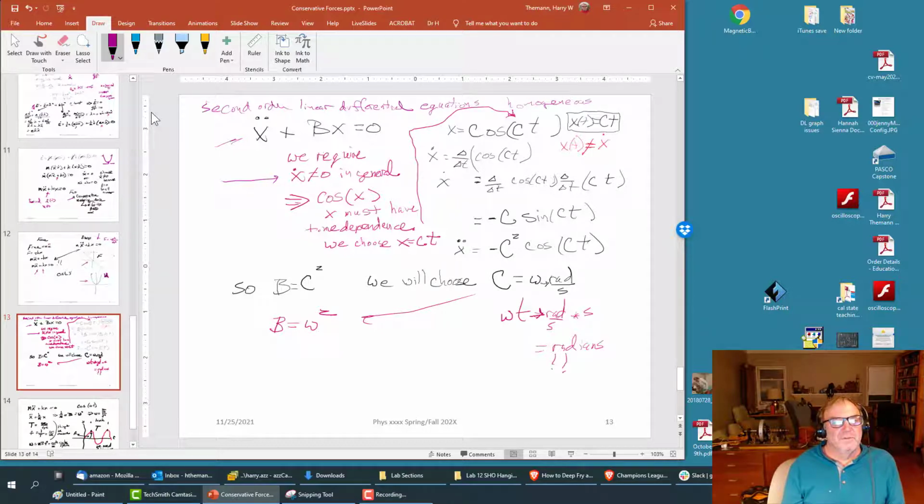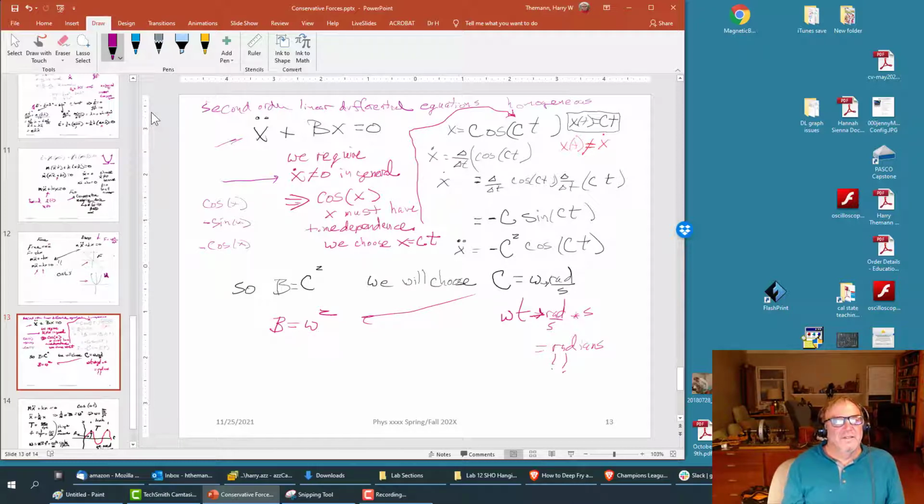So to a simple approximation, if I say cosine of x is my solution, then the first derivative is negative sine of x. And then if I take the derivative of sine, which is the second derivative of cos, I get negative cos of x.